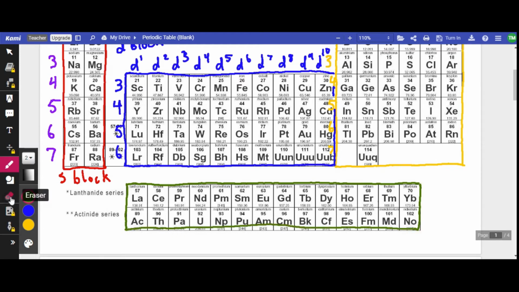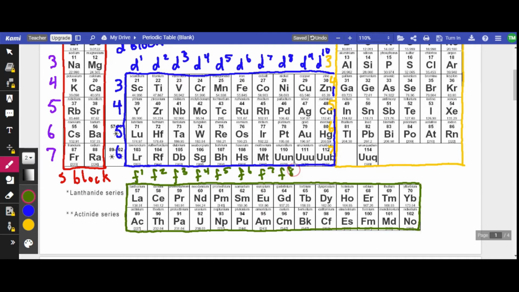And again, I'm making a simplification here, but we really don't touch the F block all that much, so you can ignore and avoid those issues. F1, F2, F3, F4, F5, F6, F7, F8, F9, F10, F11, F12, F13, and F14.